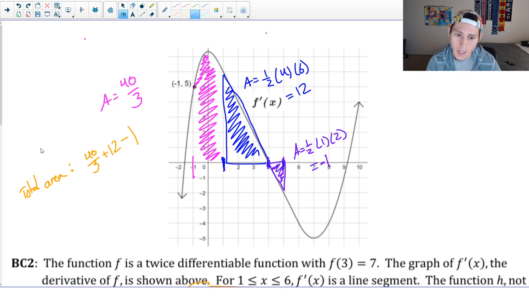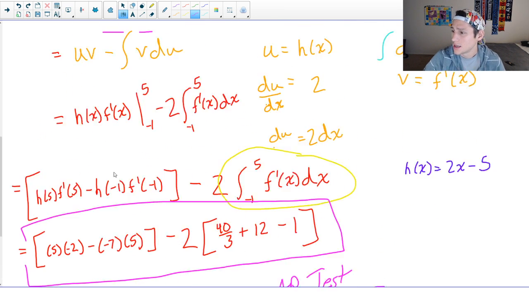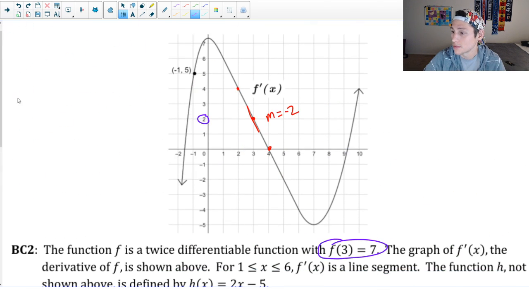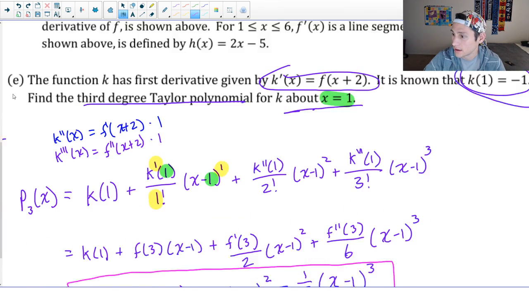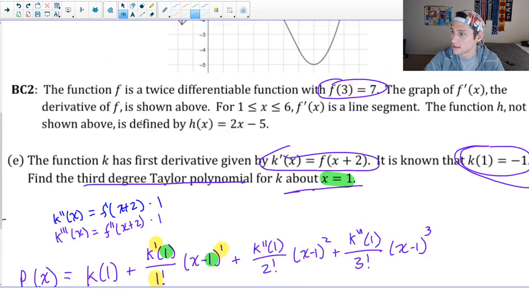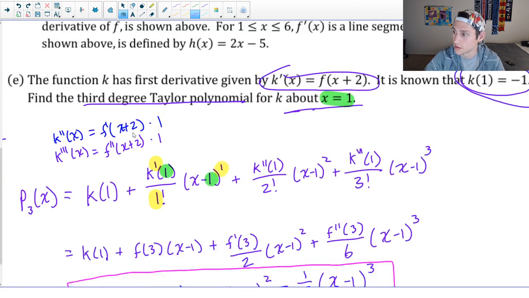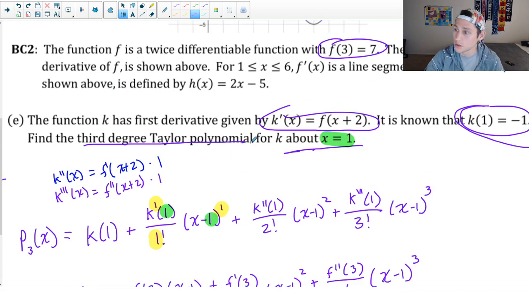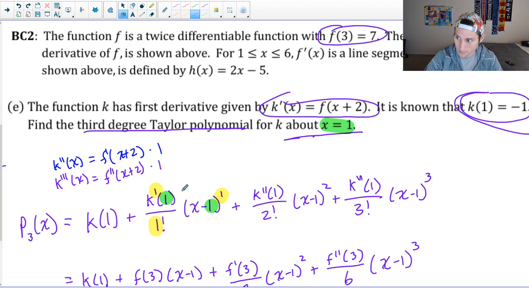All right. Hit me up with any questions. Guys, go take the Taylor and Maclaurin polynomials PFA. I'm pretty sure everyone that's taken it so far has gotten 10 out of 10. And quickly, too. It's not a super detailed, involved AFA.